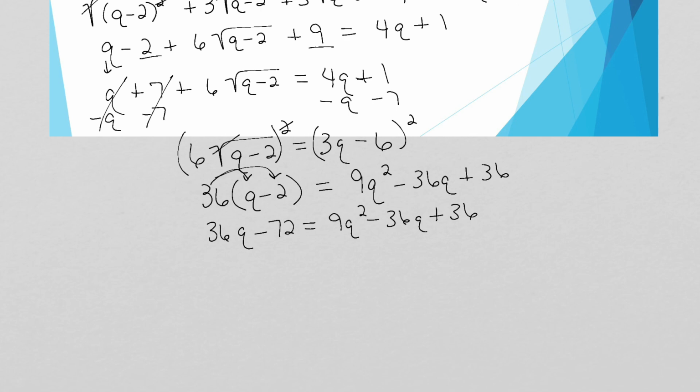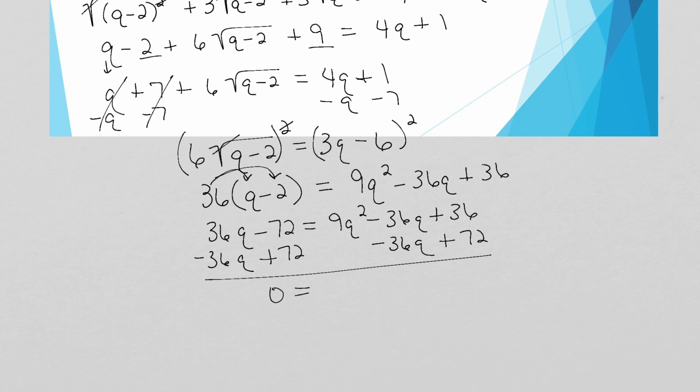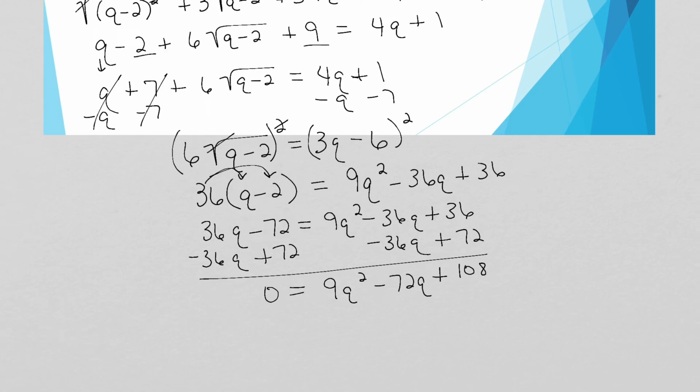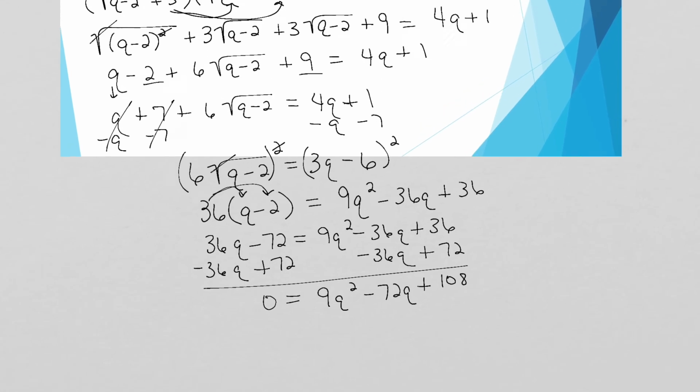And now I'm going to move everything over to one side. I'm left with 0 is equal to 9q squared minus 72q plus 108. All right, now I'm going to factor out a 9 because all three of these terms actually have a 9 in common, and I'm running out of space here.